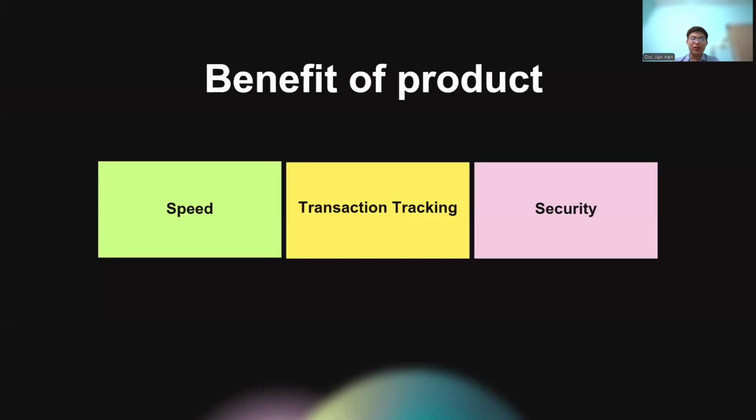And for security, the staff, vendor, and admin need to enter their login ID, email, and password to enter the e-wallet. They also need to enter their password to make a transfer. So it will be more secure.